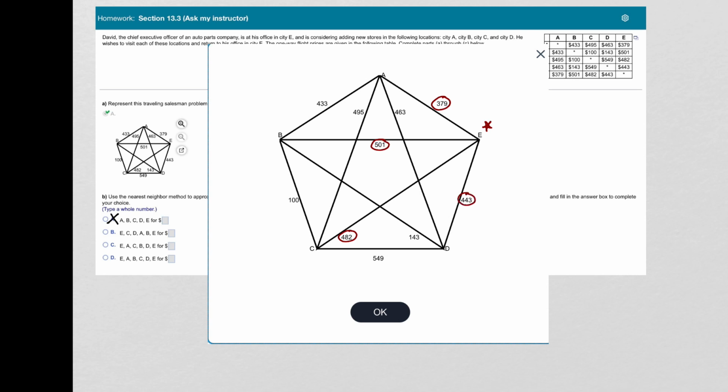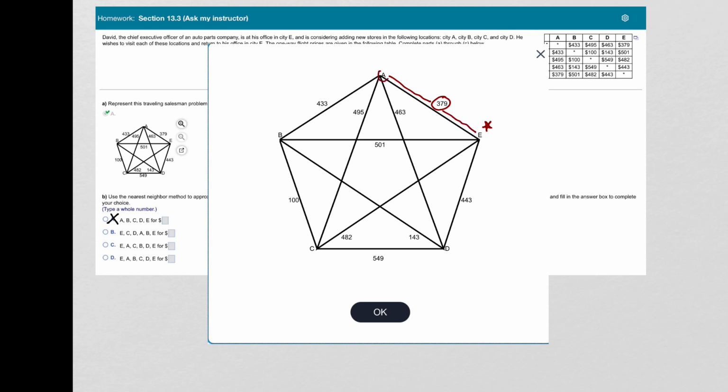And I choose the cheapest of those, which is to go to City A. So I can eliminate the other ones. And we are going to travel from E to A.